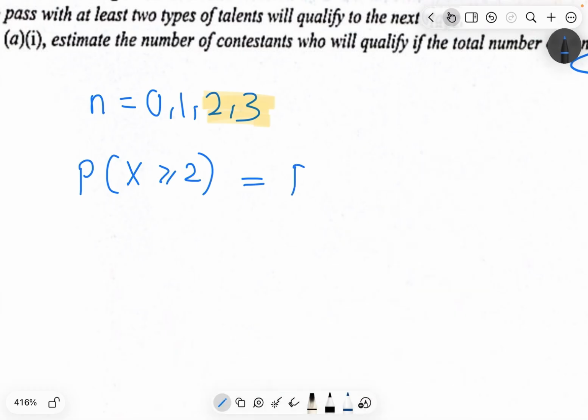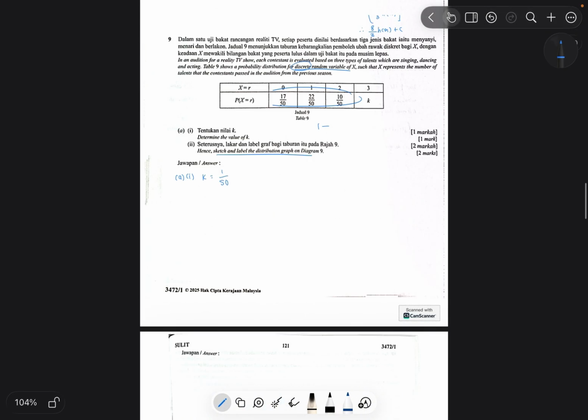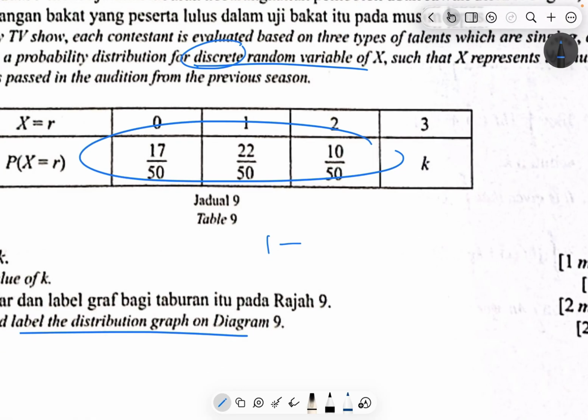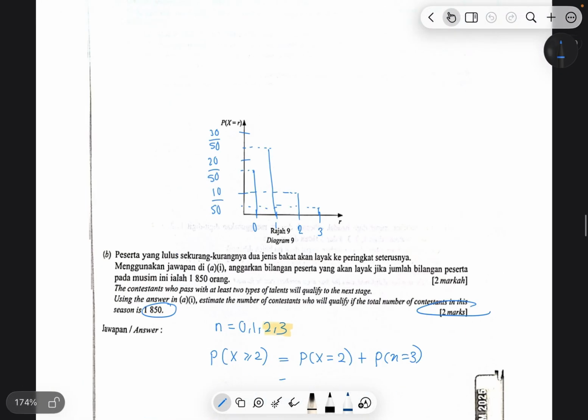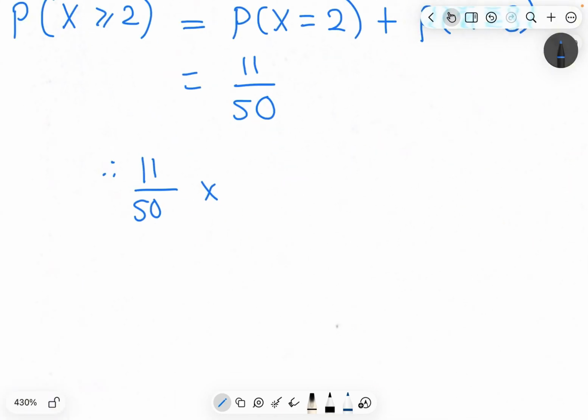So P(X = 2) plus P(X = 3), taking from this, 10 over 50 plus 1 over 50, you get 11 over 50. So final answer, take 11 over 50 times the total number of participants in order to get the probability of at least 2.